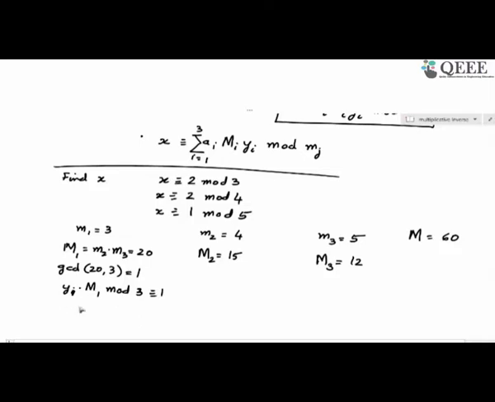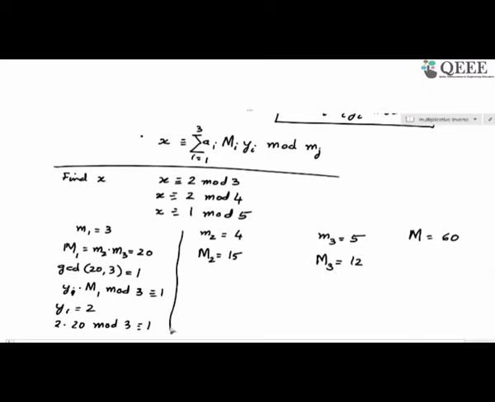In this case we see that y1 is equal to 2. If you look at it, 2 into 20 mod 3 is 40 mod 3, and this is congruent to 1. When divided by 3, it leaves a remainder 1.